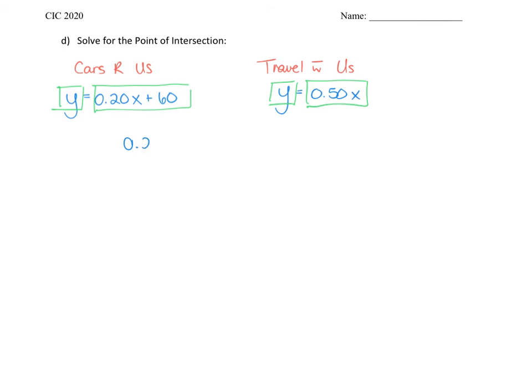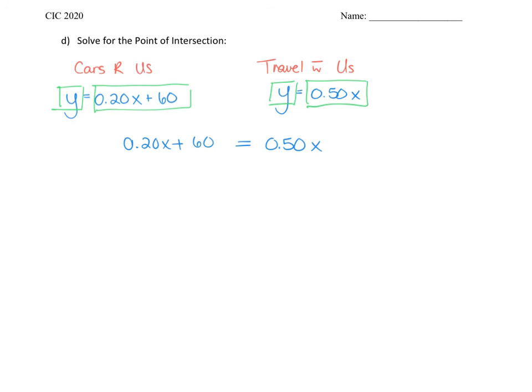When does Cars R Us, the cost for them, equal 0.50x, the cost for Travel With Us? Okay, so let's go ahead and solve this equation. This is kind of considered solving by substitution because we're substituting one equation into the other or setting them both equal. This is what you learned at the beginning of grade 10.